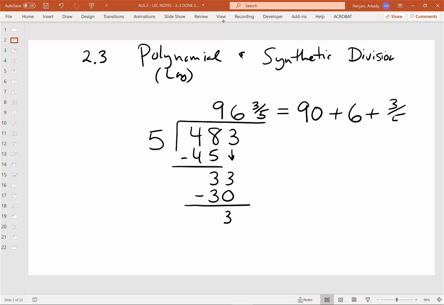Is that the same value? Absolutely. That just means this. That means you have 9 tens, 6 single units, and then you have 3 over your divisor, the leftovers in a sense, or the remainder over your divisor.